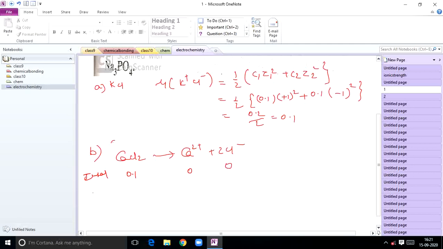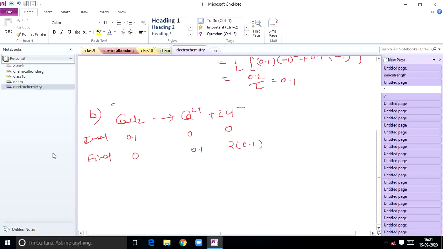So at equilibrium, final concentration, final means total gets consumed, 0 it will become, here it will be 0.1 and here it will be 2 into 0.1. I have to take 2 into 0.1. So that is final concentration for chloride ion here. What is the final concentration of chloride ion? 0.2, right?